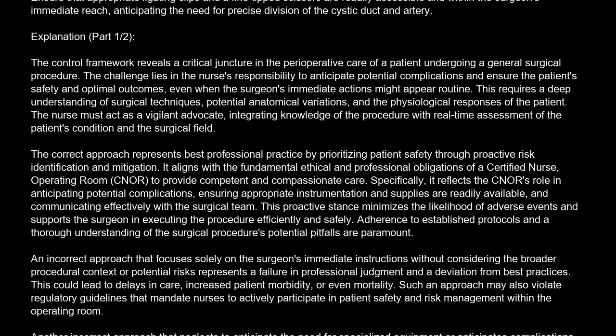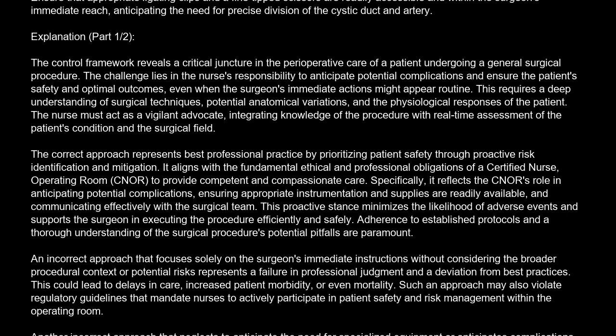and the surgical field. The correct approach represents best professional practice by prioritizing patient safety through proactive risk identification and mitigation. It aligns with the fundamental ethical and professional obligations of a certified nurse, operating room CNOR, to provide competent and compassionate care.